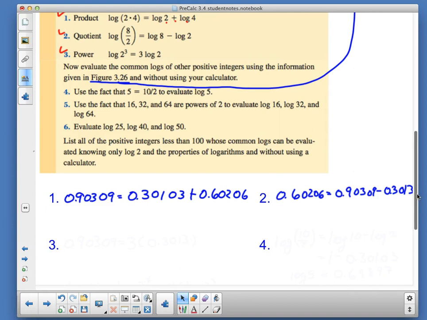I already know the log of 2 is 0.30103. Well, 3 times the log of 2 should be 0.90309, and that's what I should be getting. So as I'm working with them, it should start making sense to me, the exponent connection.